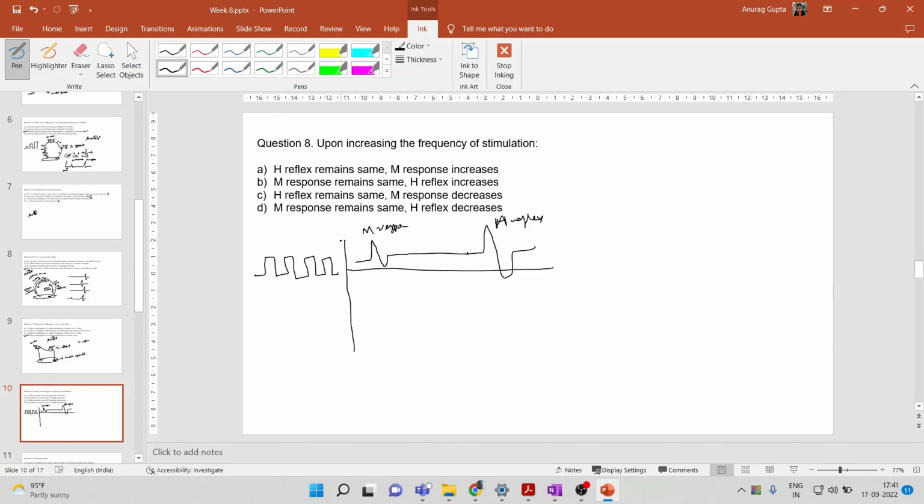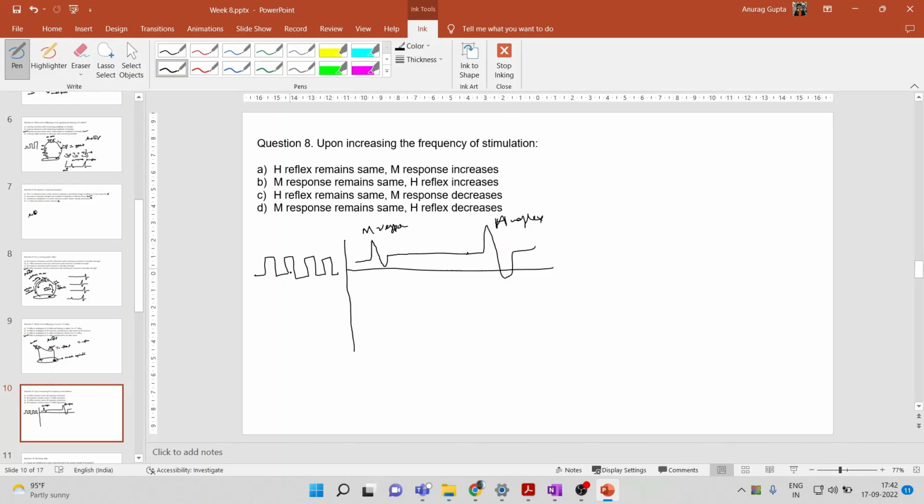Whereas for the M response, there's no central synapse involved. So the only factor here is that it needs to come out of its refractory period. Only then it can be stimulated. The time that the M response takes to come out of the refractory period is much lesser than the time the synapse takes to again be ready to generate an action potential across the synapse.